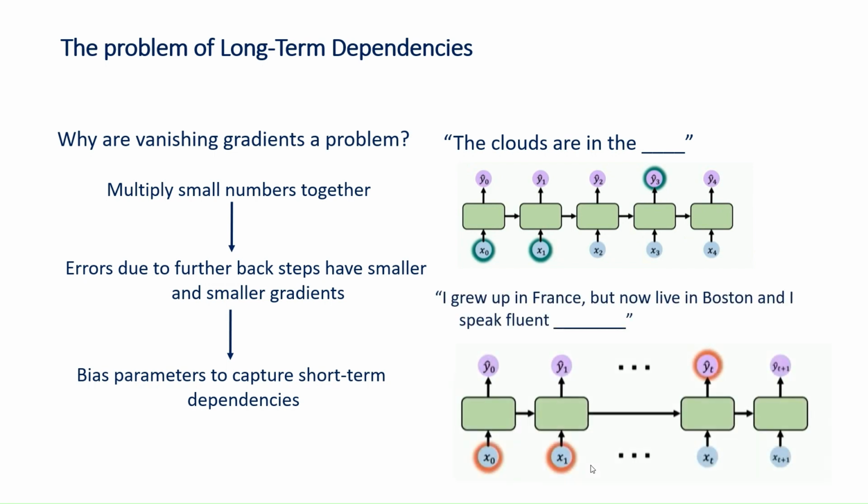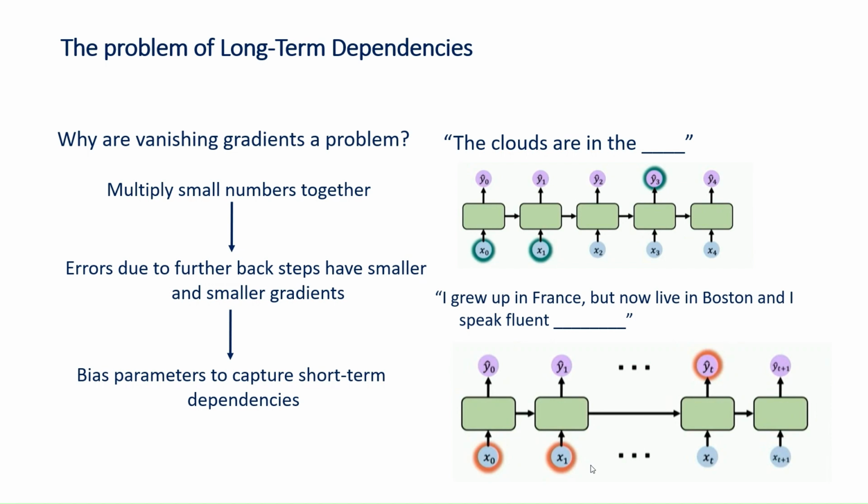However, there are certain cases where much more context is necessary, like this example: "I grew up in France, but now live in Boston, and I speak fluent dash." Here the most recent information suggests that the next word is most likely the name of a language, but we need the context of France, which is way earlier in the sentence, to fill in the gap and identify which language is correct.